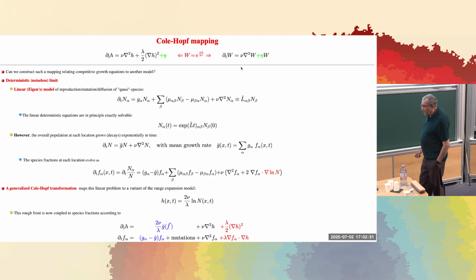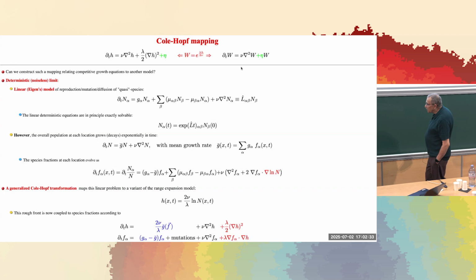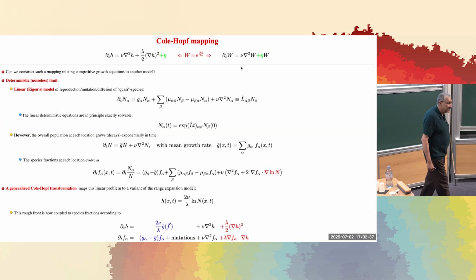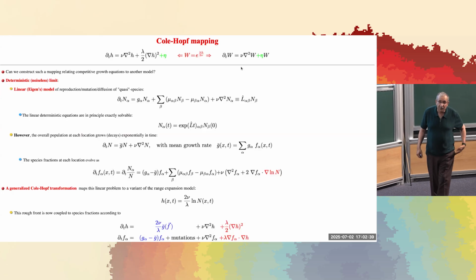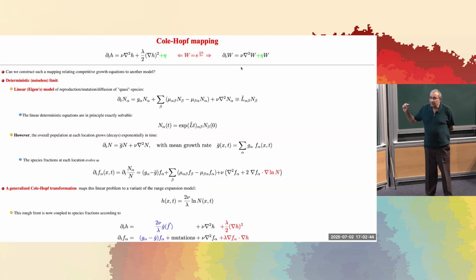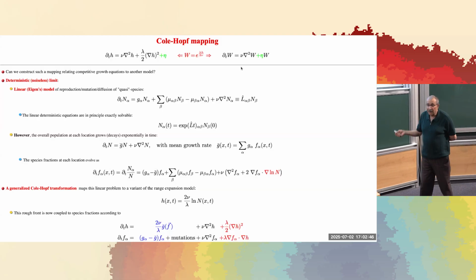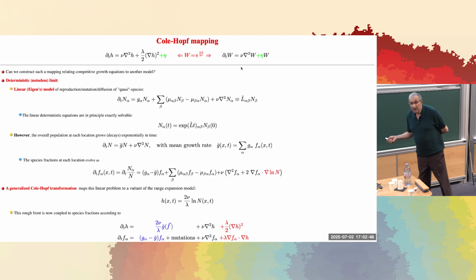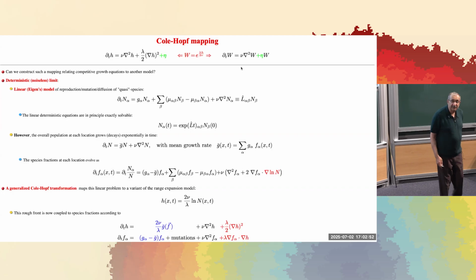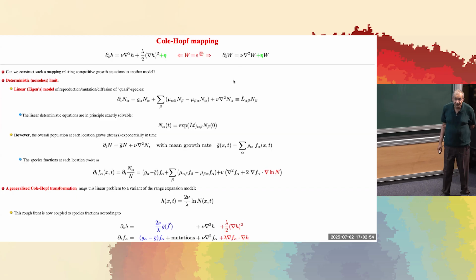So the question that we asked is: is it possible to find a corresponding transformation that allows us to solve these 2 coupled equations that I had introduced, for the fraction f that was satisfying the Fisher-Kolmogorov equation simultaneously with the height function that satisfies the KPZ equation?